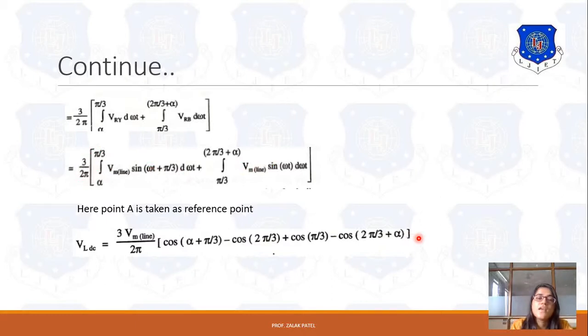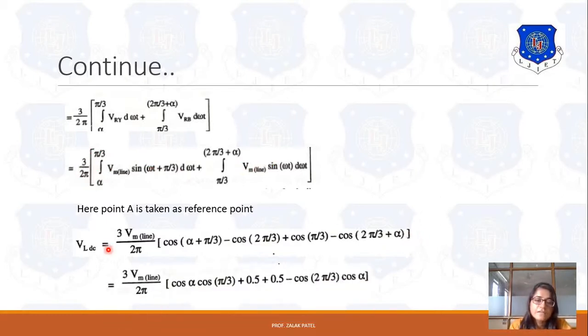So this is the average load voltage. Now it can be written like 3 Vm upon 2 pi, cos alpha into cos pi by 3. Cos 2 pi by 3 is minus 0.5, but minus minus becomes plus, that's why over here plus 0.5, and here plus 0.5 minus cos 2 pi by 3 into cos alpha.